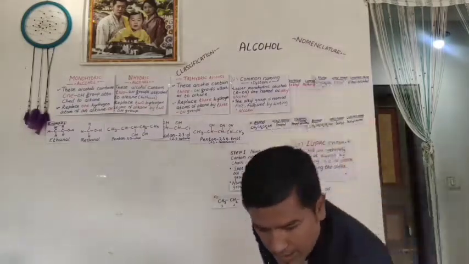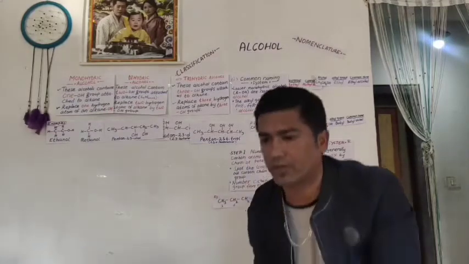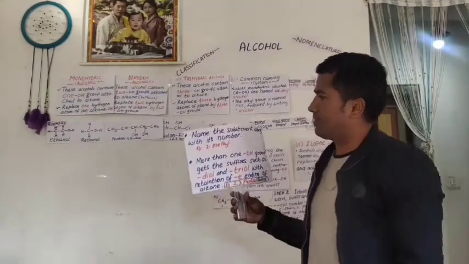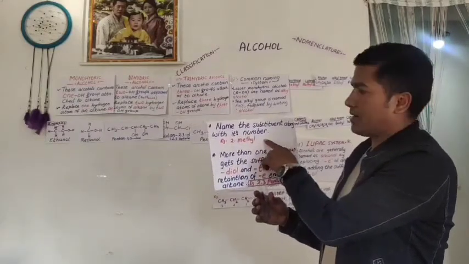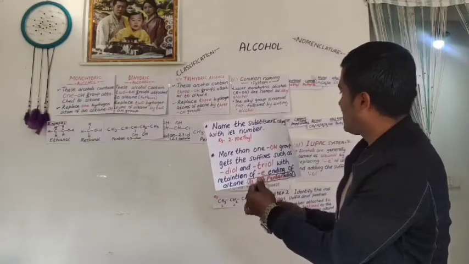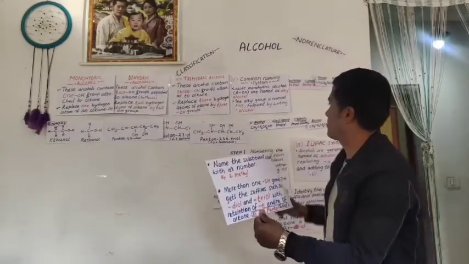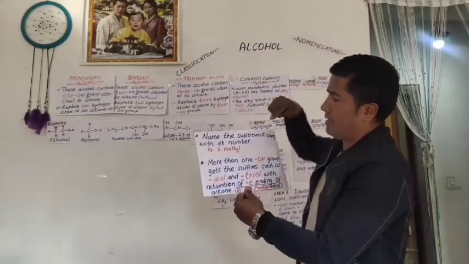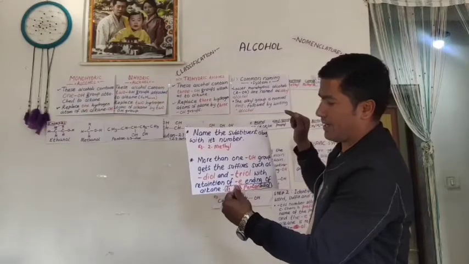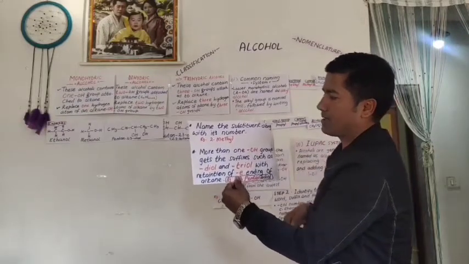Then let's go to the second part of step 2. We are still dealing with step 2. Name the substituent along with its number. For example, methyl. We don't have one here, an example will come later. When CH3 is attached to the carbon chain, that substituent becomes methyl.